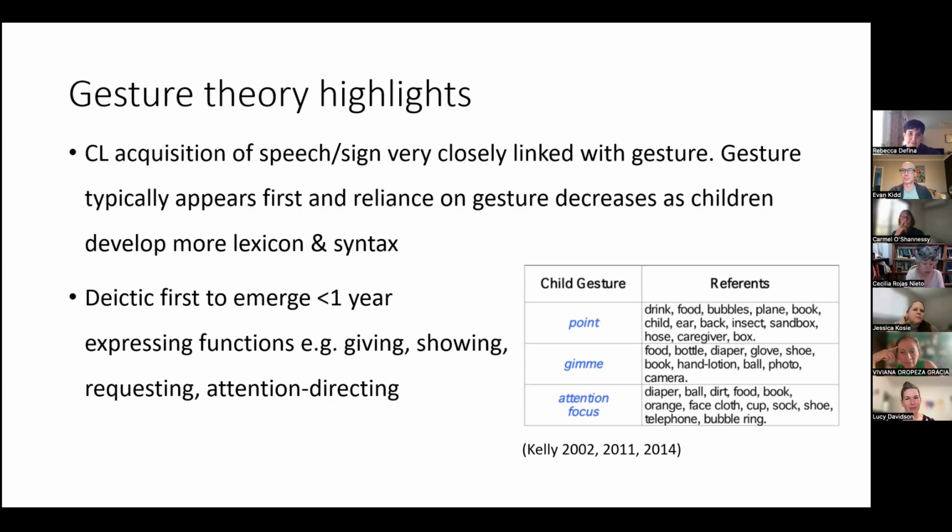Now we're at the point where it's particularly useful to have the slides. So, some highlights from gesture theory research. As I said before, child language acquisition of speech and sign is really closely linked with gesture.